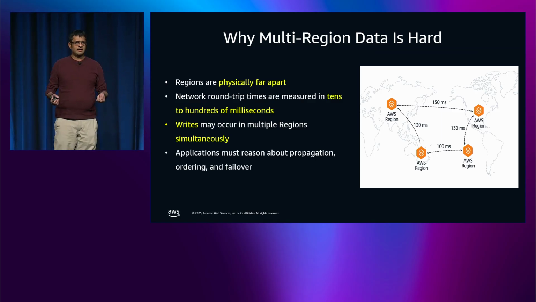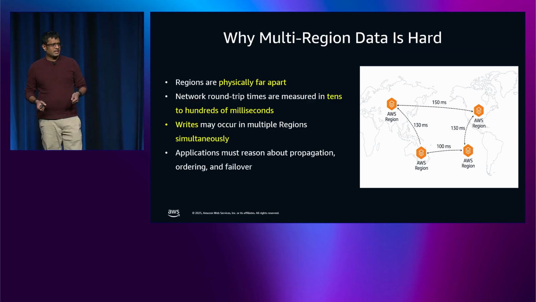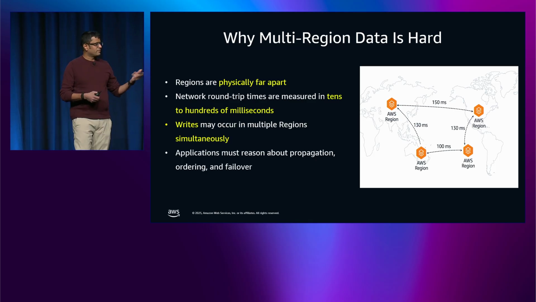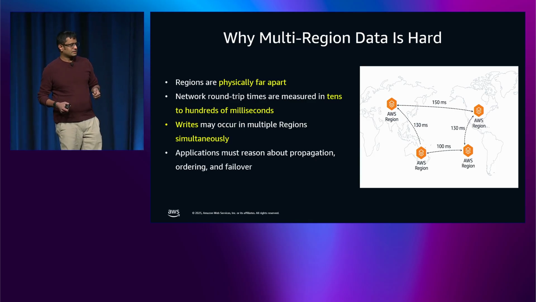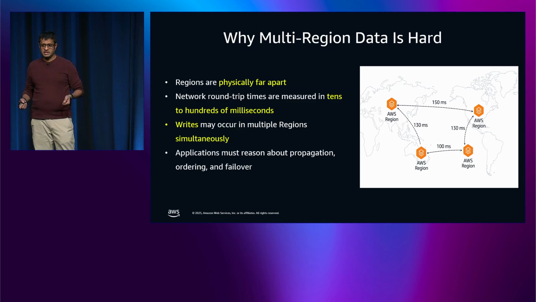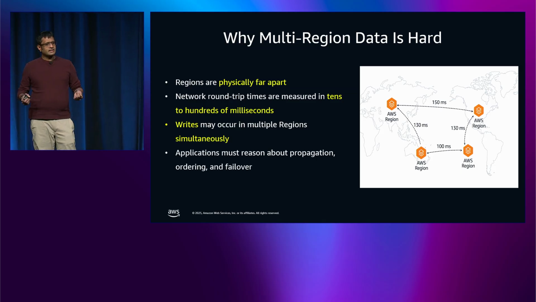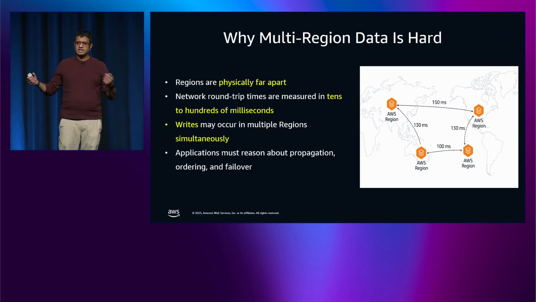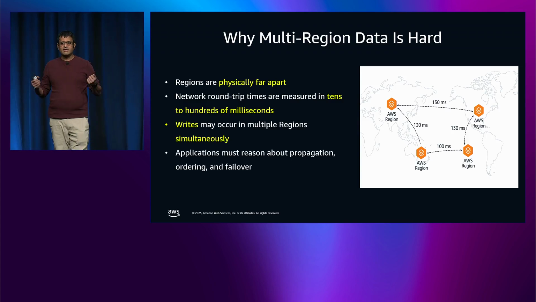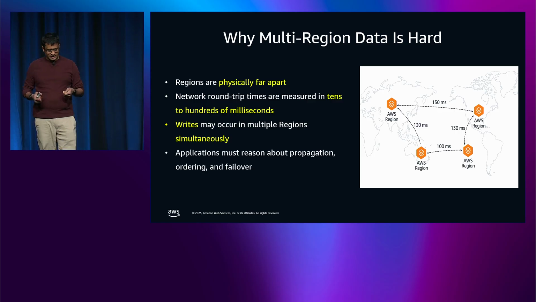For example, a write from Virginia to Tokyo may take a couple of 100 milliseconds, while a write from Virginia to Ohio may take 20 milliseconds. And this is a very different latency profile than a write which is replicated within a region. And if your architecture allows multiple writes across multiple different copies of this data, then you have to reason about how these writes are ordered, how they are propagated, and what is the order in which the writes will be visible to end customers.